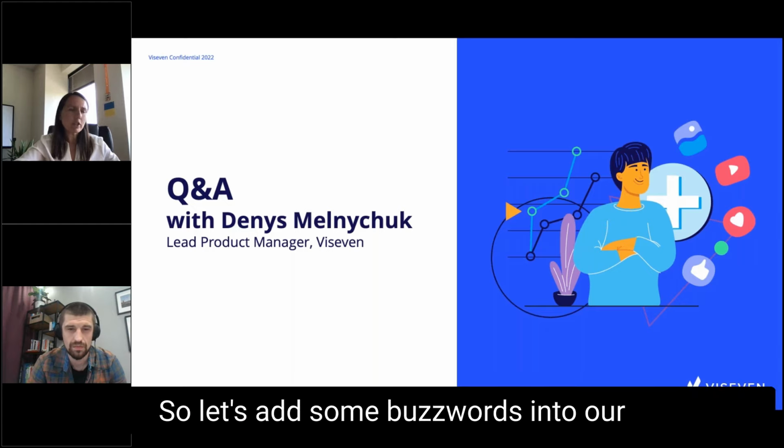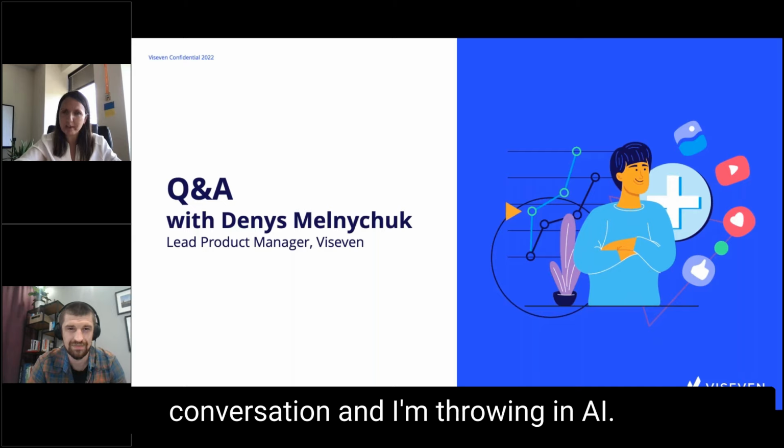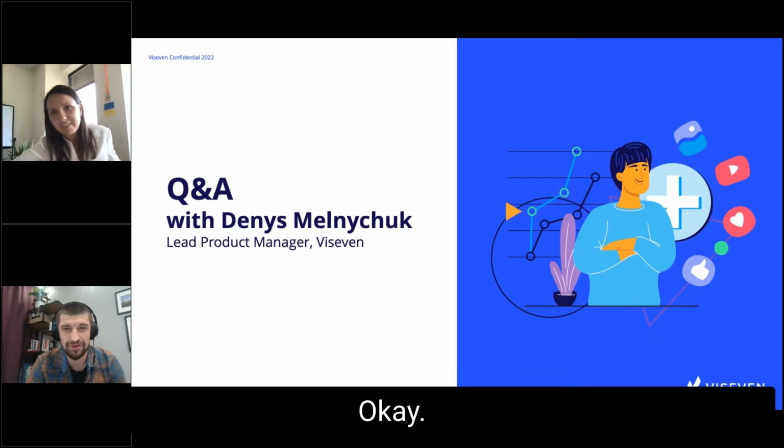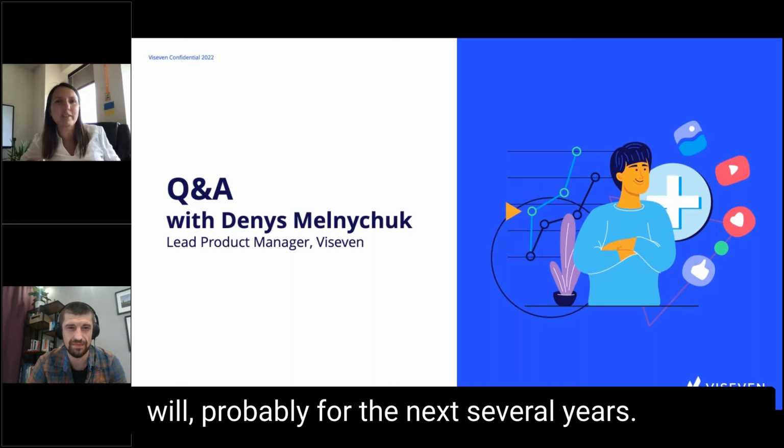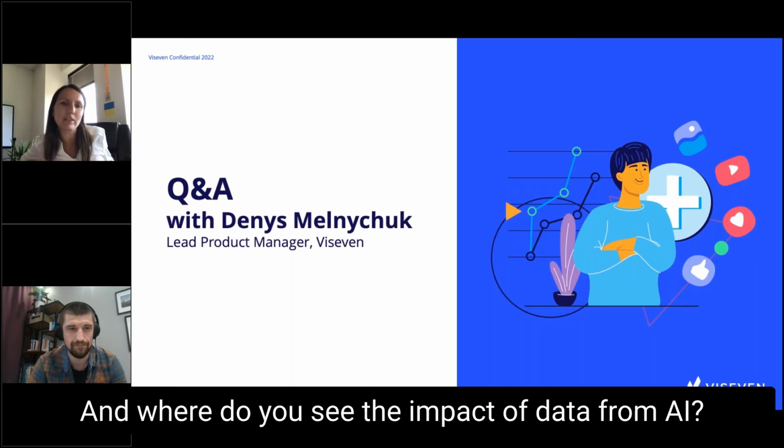So I would start, let's add some buzzwords into our conversation, and I'm throwing in AI. Okay, yeah, it's a big thing, and it will be, probably for the next several years. Where do you see the impact of AI?